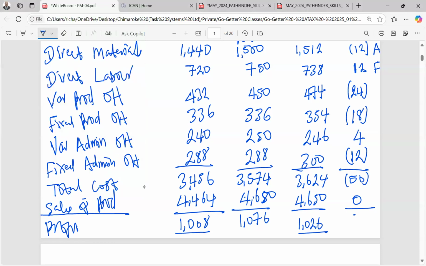So you see here, you have a positive variance, a positive profit of 50. You see, your cost was a negative, was an adverse variance. You spent too much.